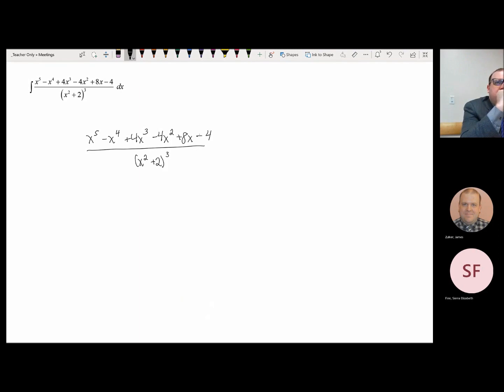The denominator is fully factored. It has a single irreducible factor of x squared plus 2 that is repeated 3 times. So there is the decomposition.